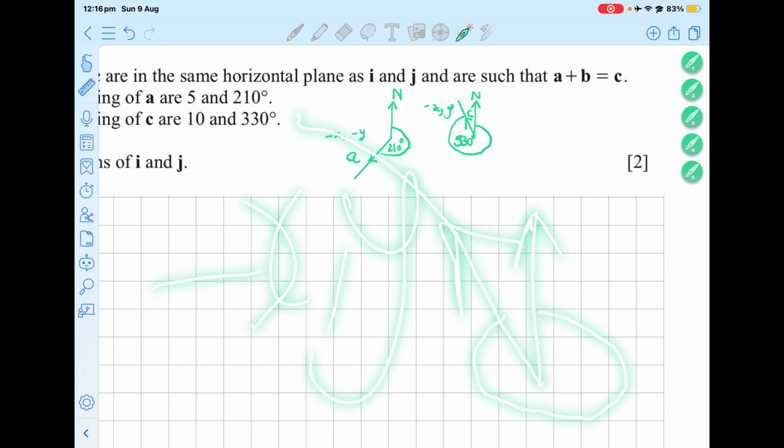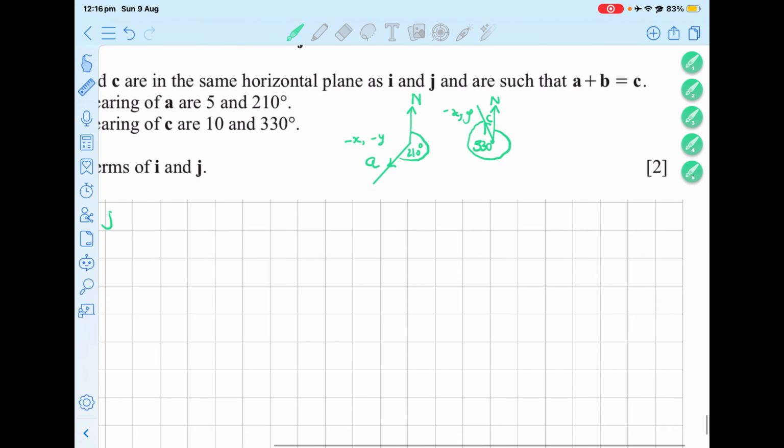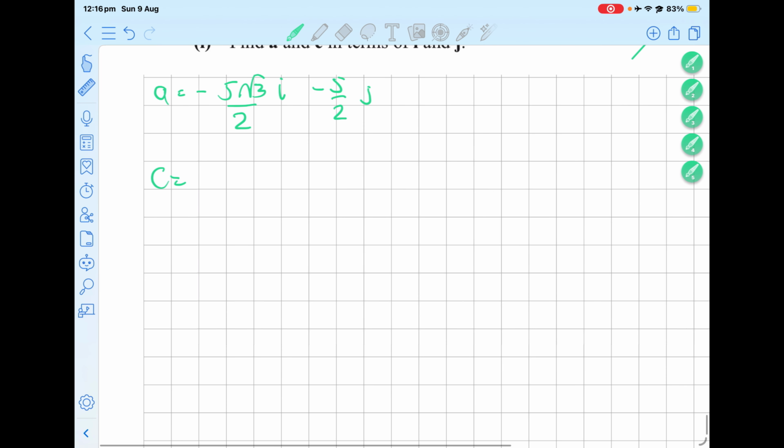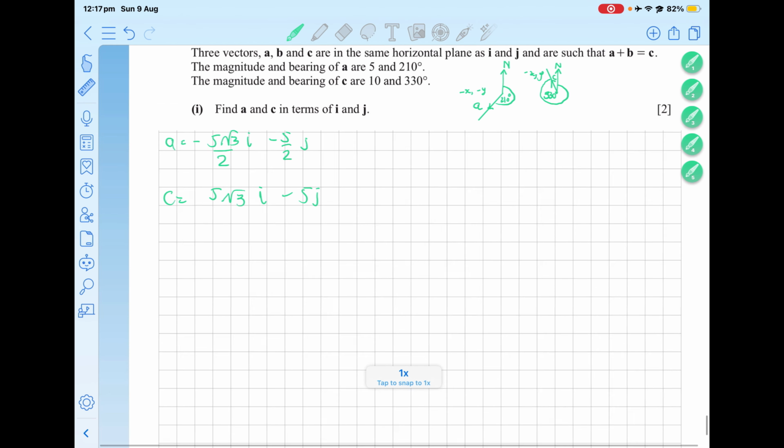And it's obviously positive, but for some reason it's negative. So it's like going 5 root 3 i minus 5 j. So this is a bit interesting, but we're going to have to accept it for now.